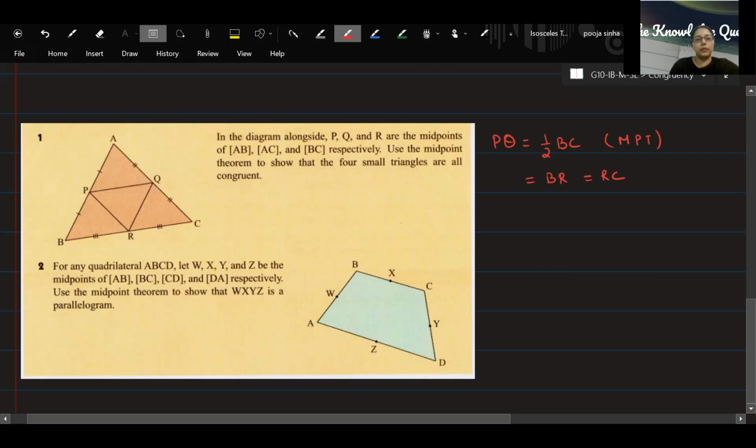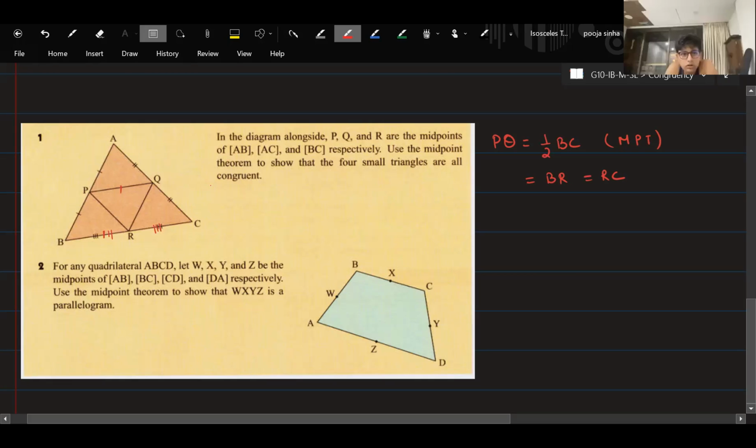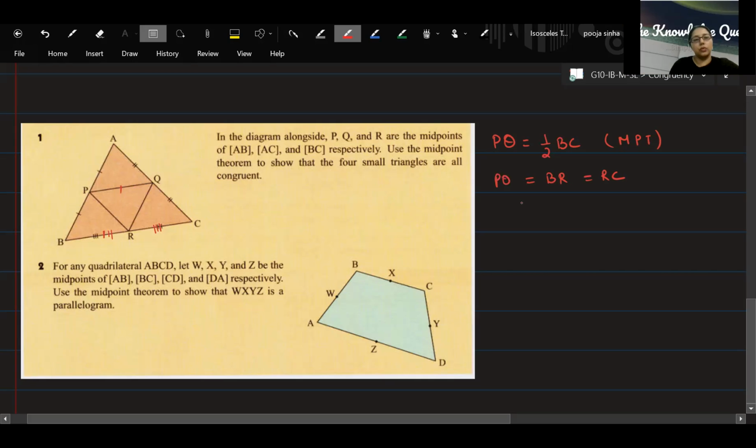So we just proved that this part is equal to this. And this is also equal to this, right? ये दोनों हमने prove कर दिया, correct? The same way, QR is equal to AP and PB.